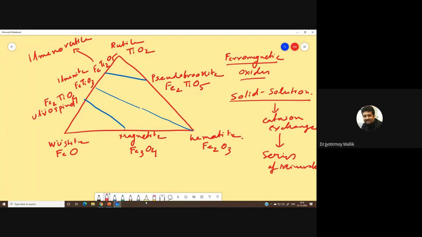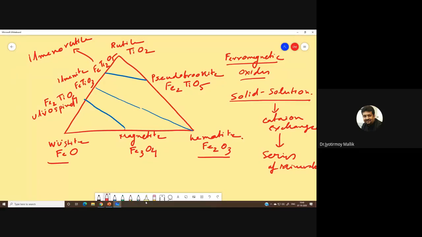Okay. Now, if you take the example of wustite and hematite, you can see that if you mix the two 50%, you are actually creating Fe3O4, which is magnetite.